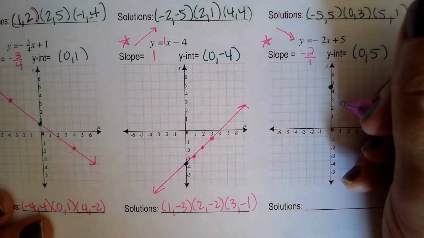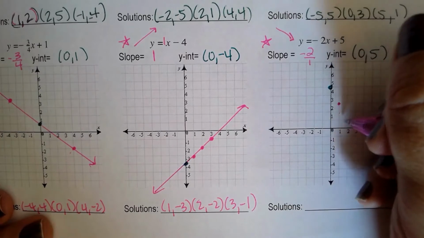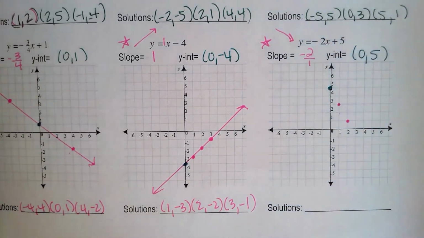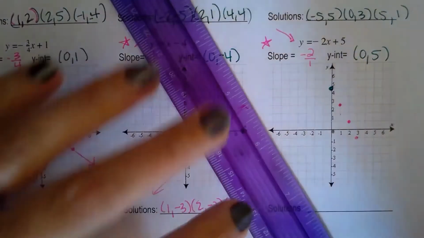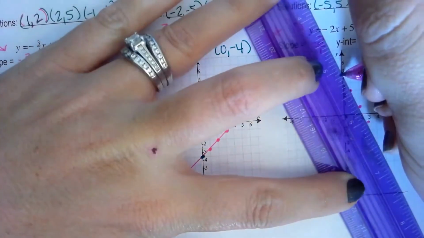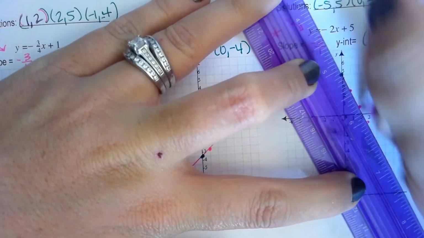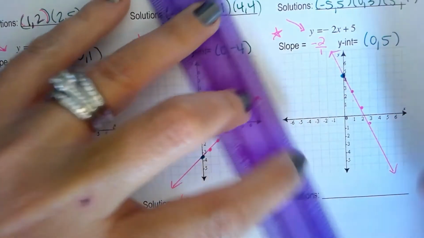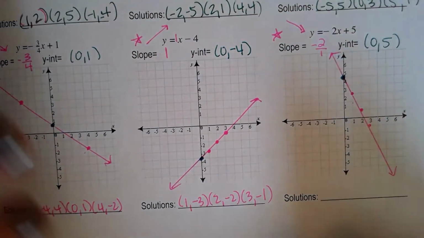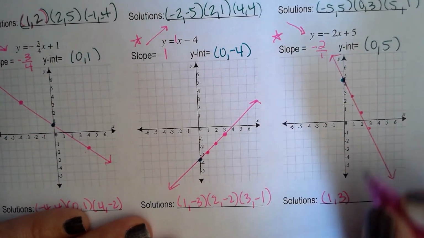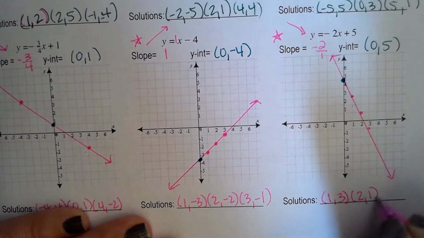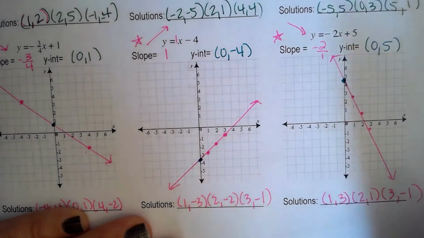Go down to right 1, down to right 1, down to right 1, get a third one on there. Third other than the y-intercept, I should say, just so I can have 3 extra solutions. And then 1, 3, 2, 1, 3, -1.